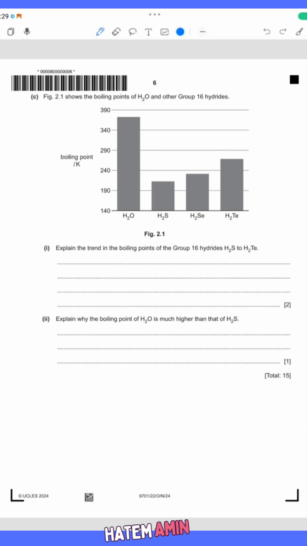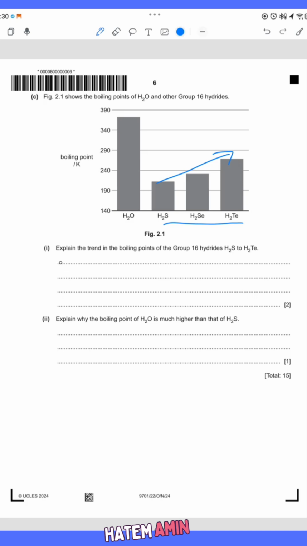The question is, figure 2.1 shows the boiling points of H2O and other group 16 hydrides. The first question, explain the trend in the boiling points of the group 16 hydrides H2S to H2Te. So we need to explain why it increases this way. As we know, from up to down, the number of electrons increases. So as the number of electrons increases from H2S to H2Te, the van der Waals forces between the molecules also increase, which leads to an increase in the boiling point.